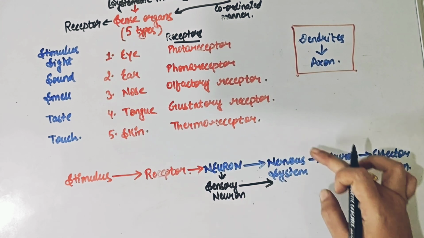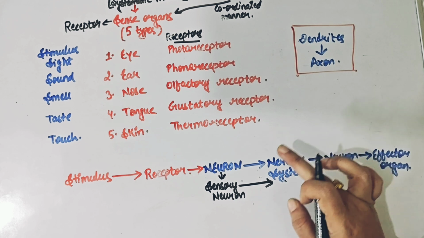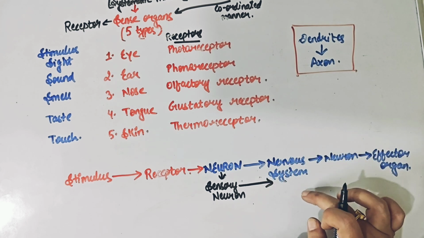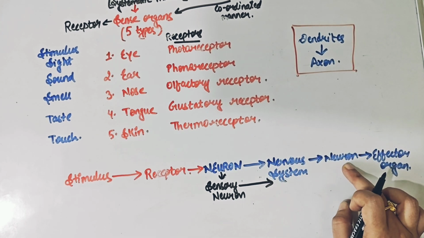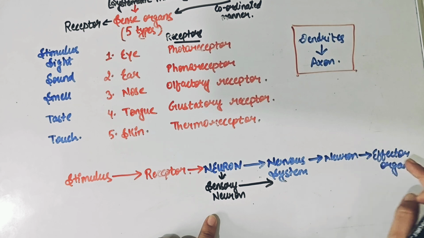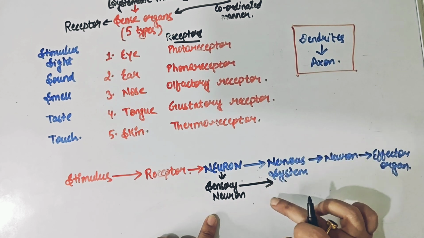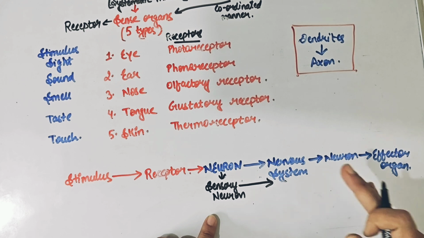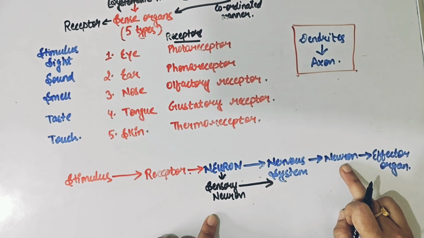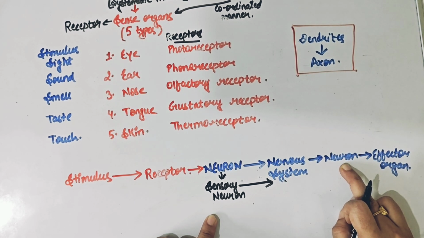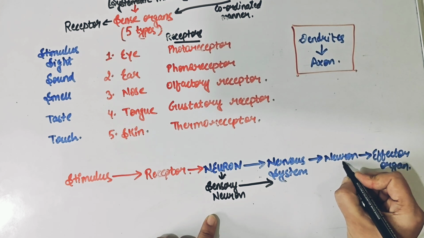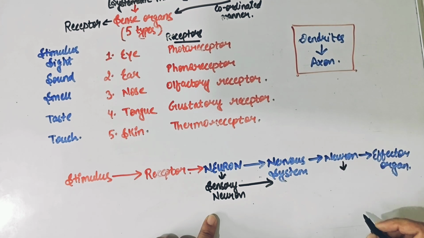Then once the information is sent here, your nervous system is going to analyze the entire information and again it is going to use neurons. So do you think sensory neurons are going to send it to the effector? No. Once the information is processed by your nervous system, it is again going to send the information about what to do for any action or stimulus with the help of neurons. But what type of neurons here?